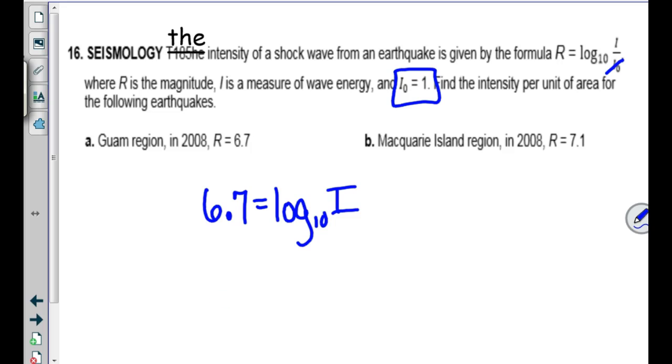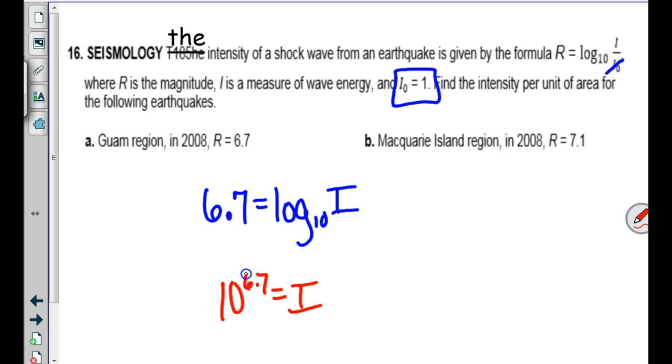Guys, what's it mean? No. Log base 10 of 10 is 1. But how could you rewrite that as an exponent sentence? Ten to some power. Nope, we know the power. Yes. There we go. 10 to the 6.7 equals I.